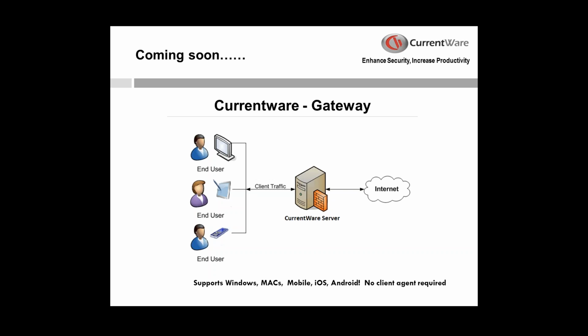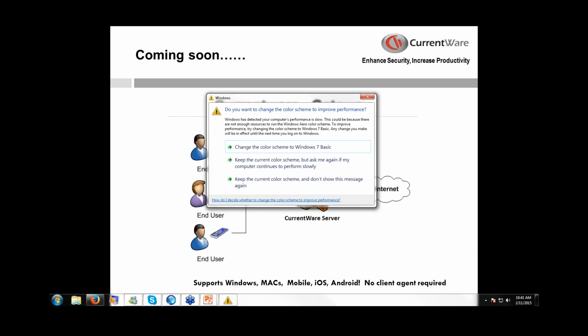For example, someone could not get around the internet control or filtering by having a mobile hotspot on their phone. But there are also benefits to having a gateway filtering system like the new CurrentWare Gateway we will release in the spring, once again, to be able to have BYOD control. So that's neat, and that'll be coming soon, as I mentioned.